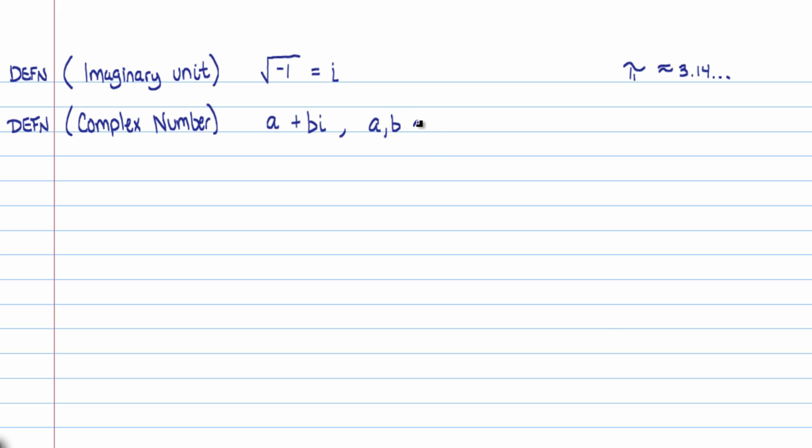I just want to start introducing you to correct mathematical notation. A shorthand for that is this: a and b belong to R, and that R right there stands for the real number system.